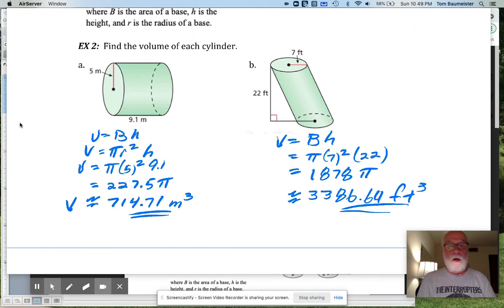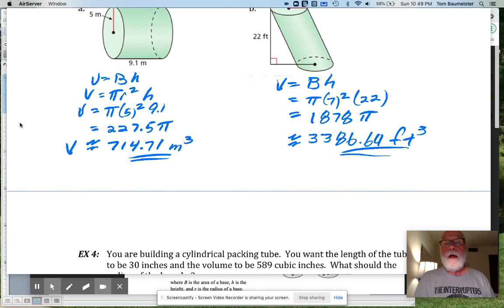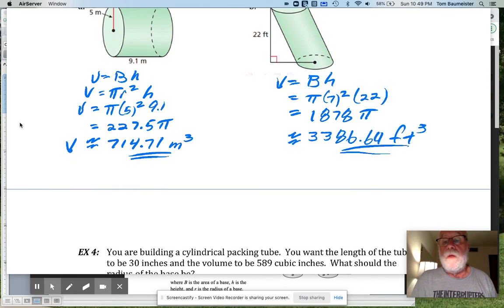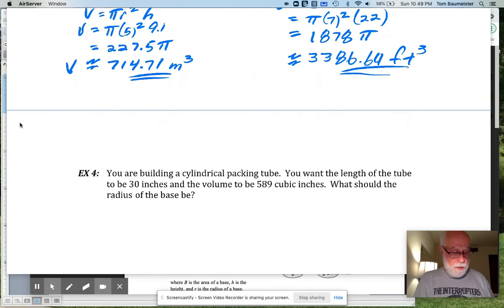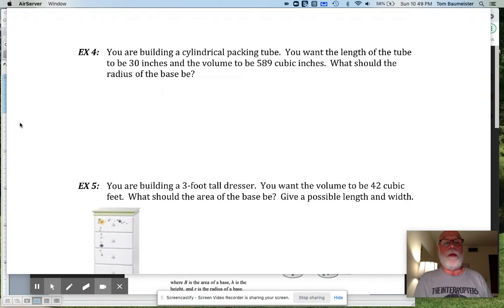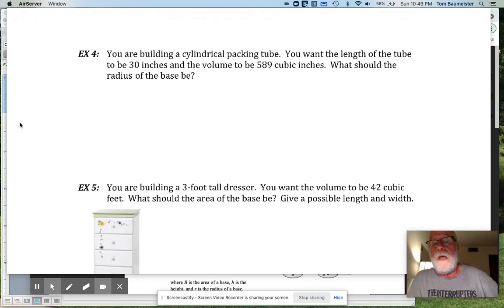Every once in a while, they'll give you the volume and have you look at other things. I have a couple examples like that. Example 4: you are building a cylindrical packing tube, and you want the length to be 30 inches and the volume to be 589 cubic inches. What should the radius of the base be?